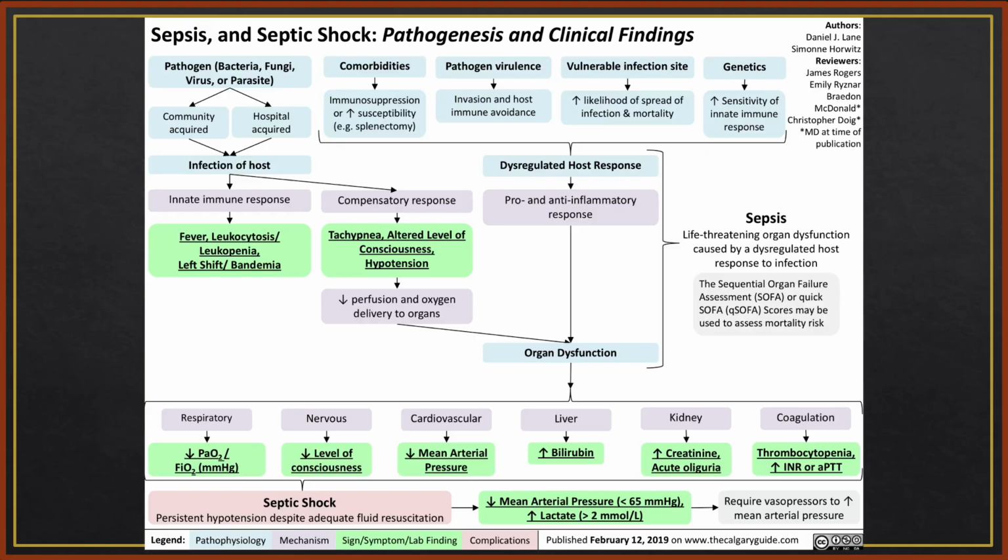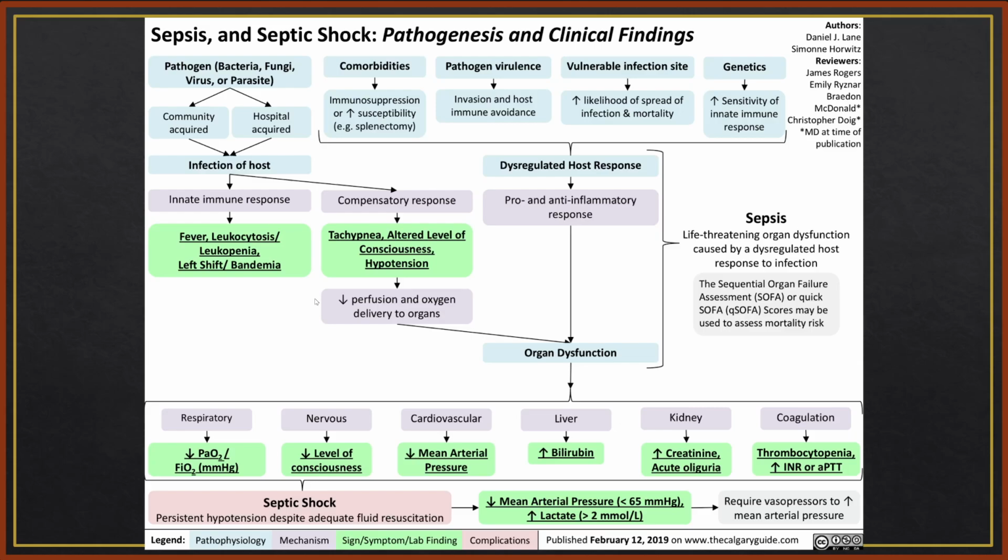The body tries to fight this by sending a sympathetic response and increasing the release of epinephrine and norepinephrine, which causes reflex tachycardia in an attempt to increase the systemic vascular resistance and allow for better perfusion.